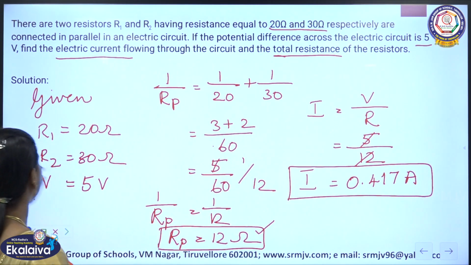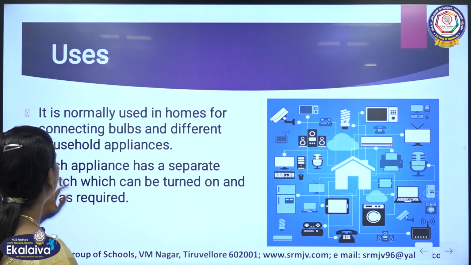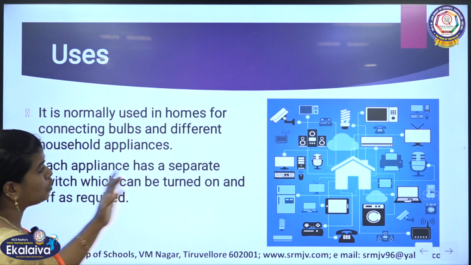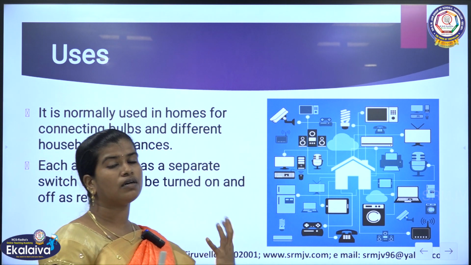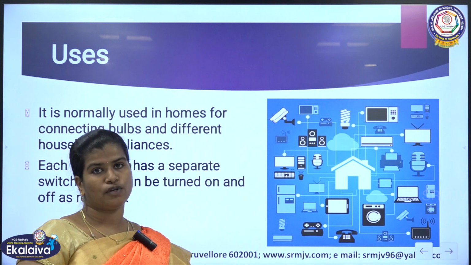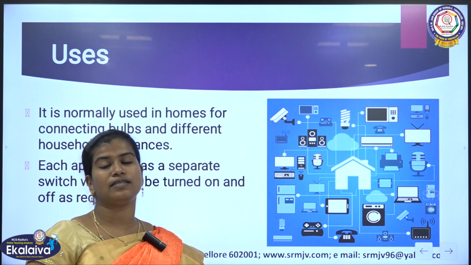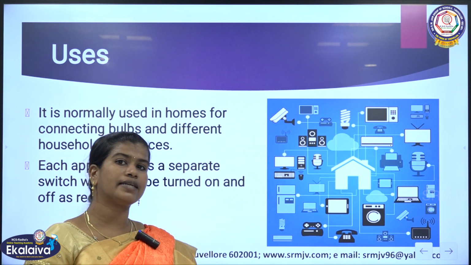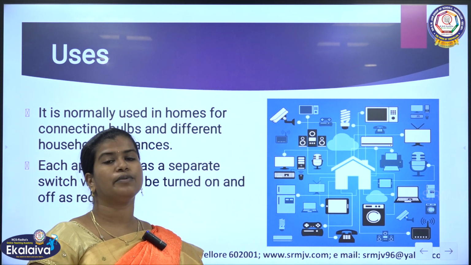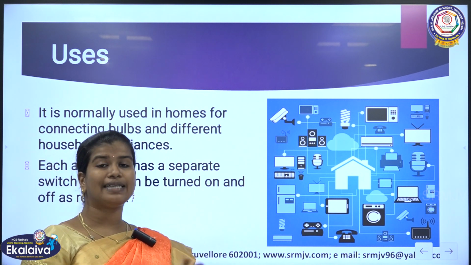Now we will talk about the advantages. First we will go with the uses. Usually in our home, in domestic usage, all the appliances in our home are connected in parallel, because in India we get a voltage of 220 volt, that is standard.